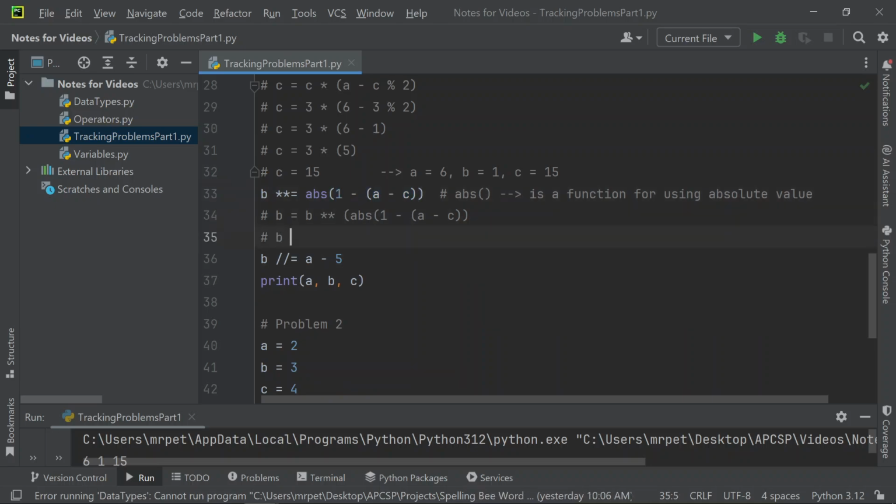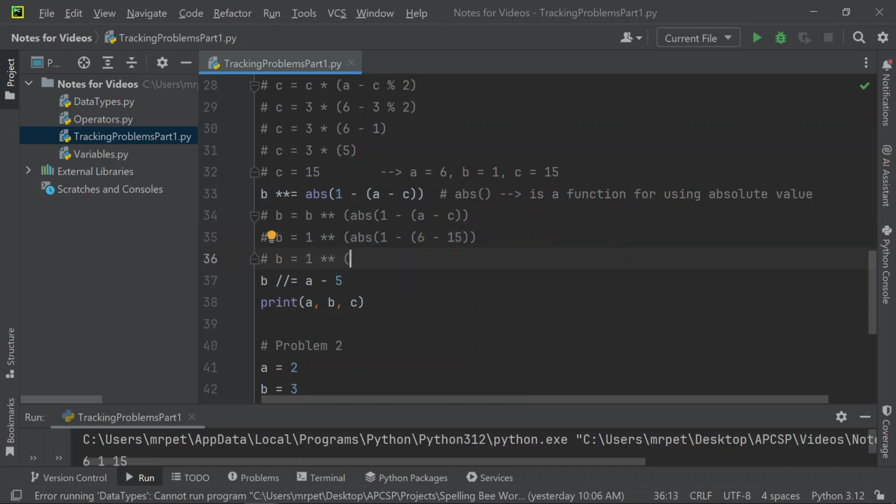Okay, so we're still going to follow our steps. We're going to substitute first. A is 6, C is now 15. Oh, I didn't substitute for B here. B, what is B? B is 1.